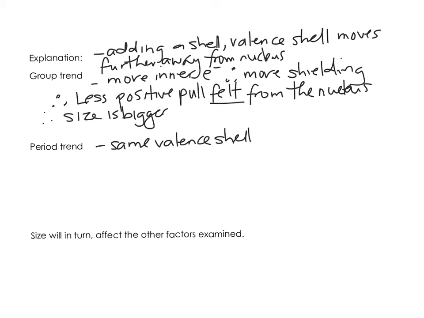It's going to be the same for each of them. So it's the same, so it has no effect. What has changed is the number of protons and electrons added. So it's the change to the nucleus that has the biggest effect here.